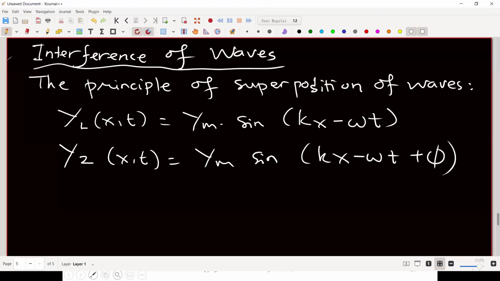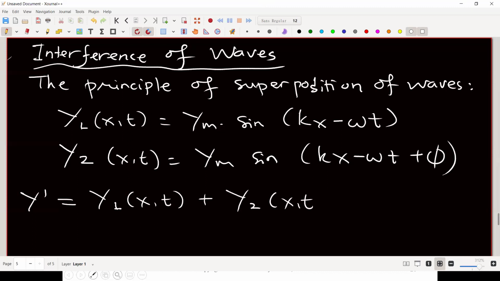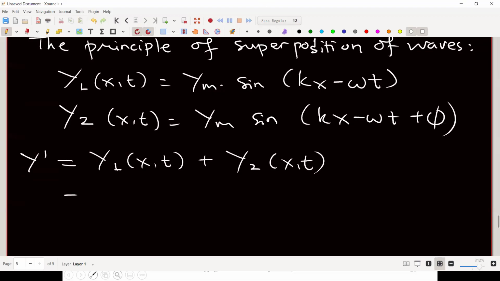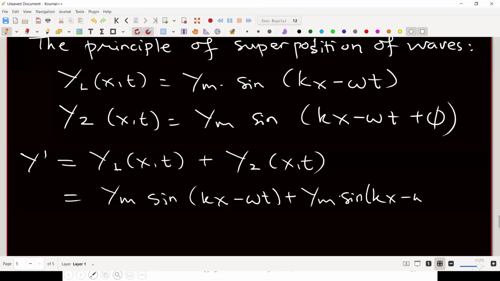For example, this one is y prime. Y prime is y1(x,t) plus y2(x,t). So we can add the waves y1 and y2. This one becomes ym sin(kx minus omega t) plus ym sin(kx minus omega t plus pi).